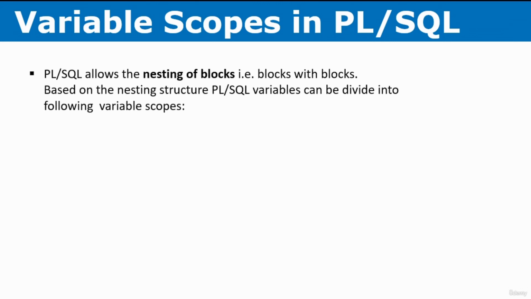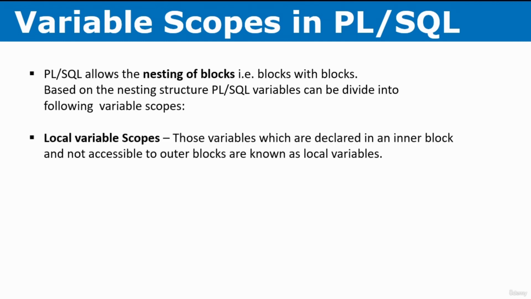The first is the local variable scope. Local variables are variables which are declared in the inner block and are not accessible to the outer blocks. Next, we have the global variable scope.